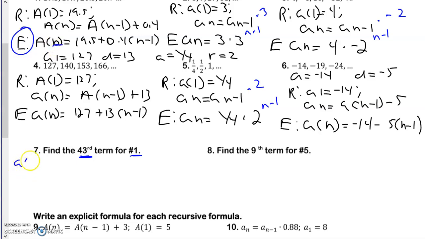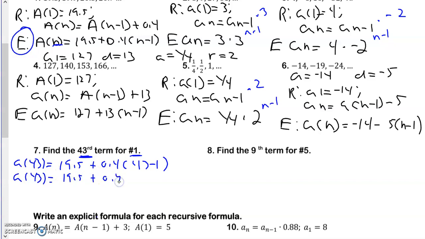So A of 43 equals 19.5 plus 0.4 times 43 minus 1. 43 minus 1 is 42.